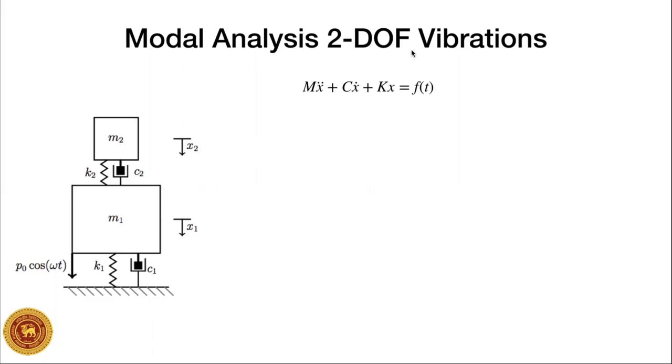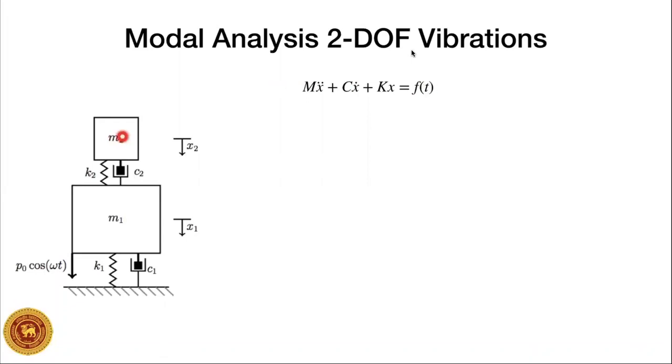So we saw that this 2 degrees of freedom system can be written down in this following form. If you consider small vibrations of these masses and you write down Newton's equations, you end up with a second order matrix differential equation.